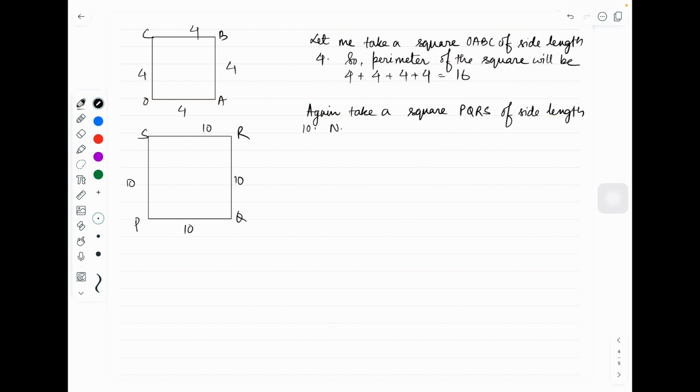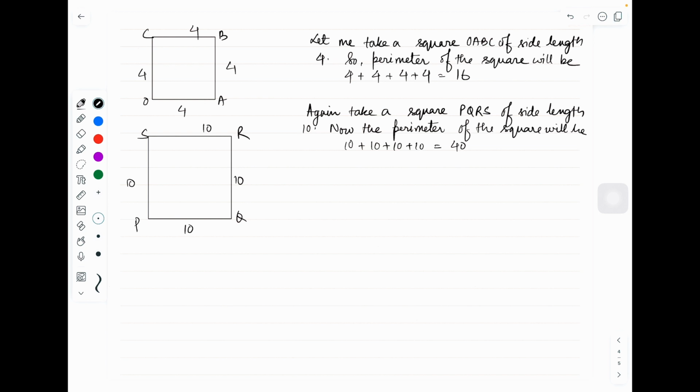Now the perimeter of the square will be 10 plus 10 plus 10 plus 10, that is 40.